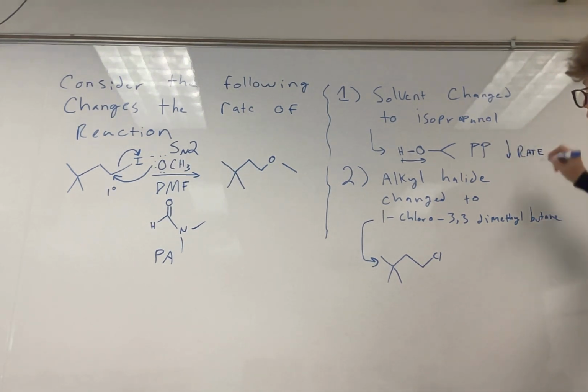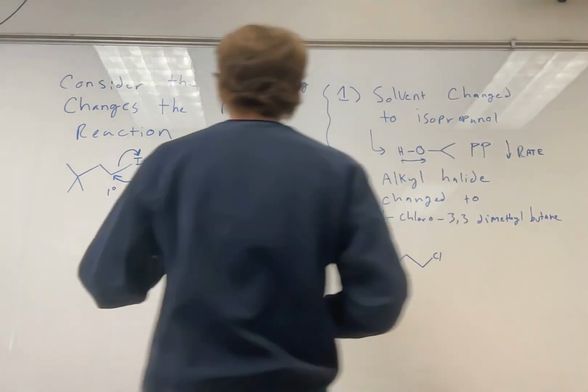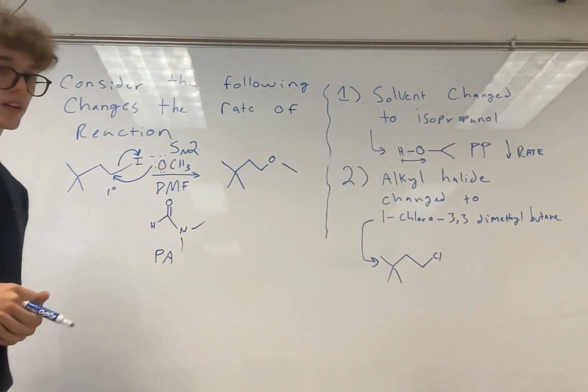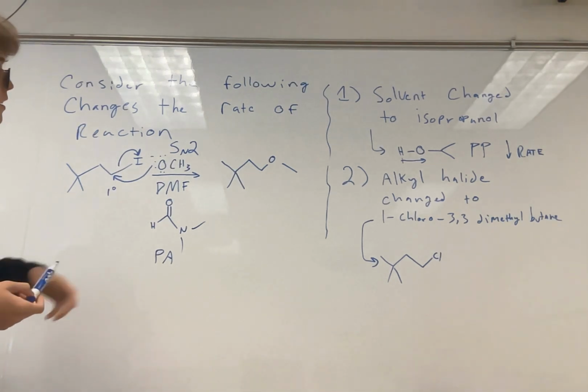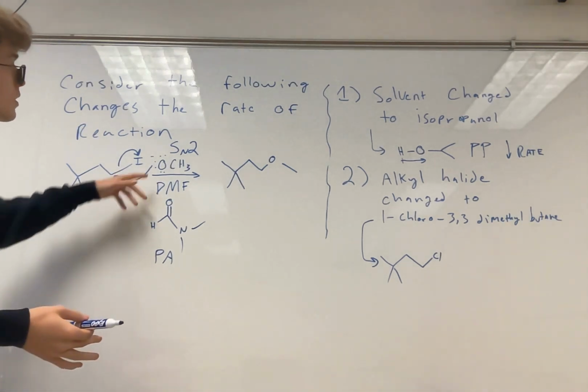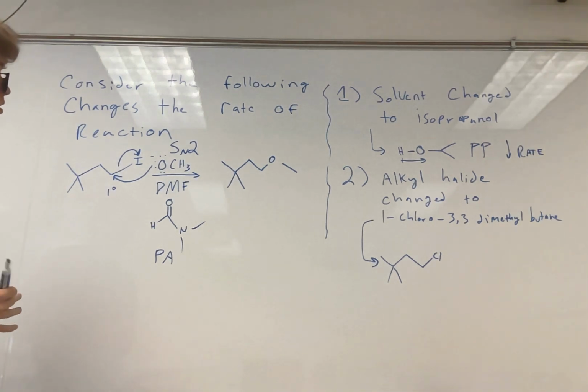As for an explanation why, if you have a polar protic solvent, let's consider what it would do to the methoxide nucleophile. So let's just say this will act as a base, right? We know that because of the negative charge on the oxygen. Oxygen is fairly electronegative, but it will still make a bond with hydrogen to act as a base.